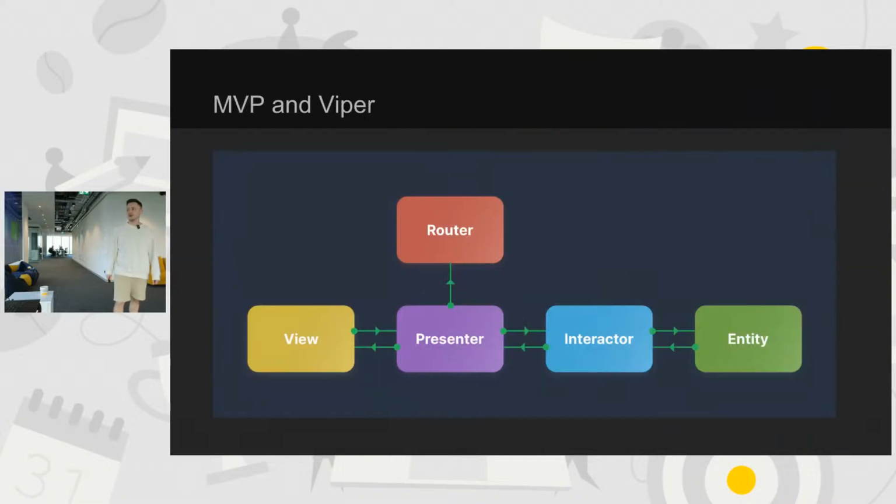Here is the illustration of MVP and VIPER. So we have a view, which I just presented to you, which has a link to the presenter and interacts with this presenter, while the presenter has a link to the interactor, which uses an entity and changes it. Also, the presenter has a router for routing purposes.